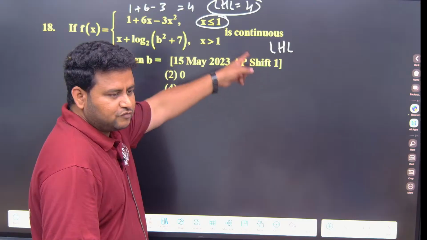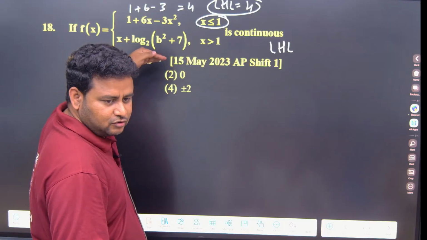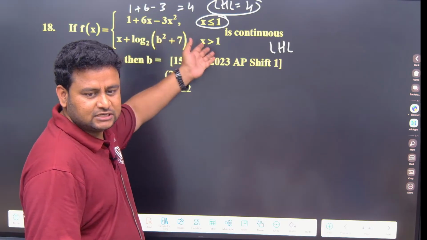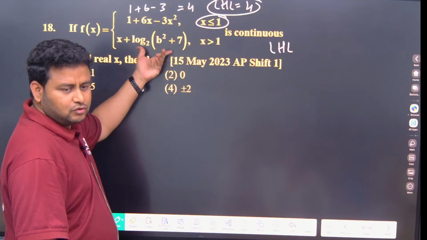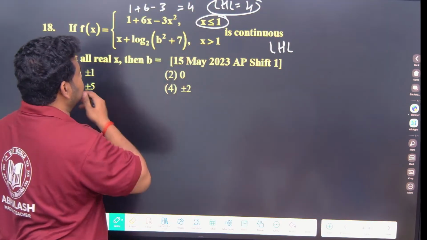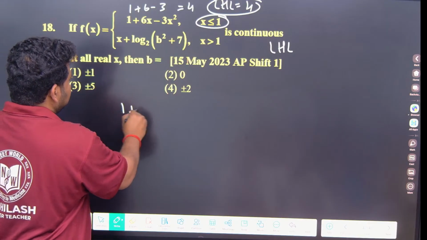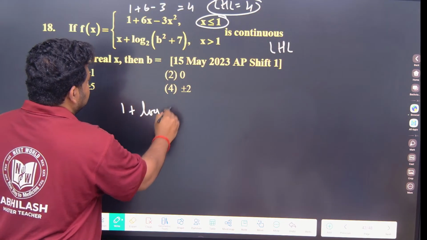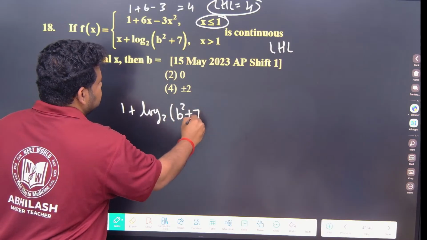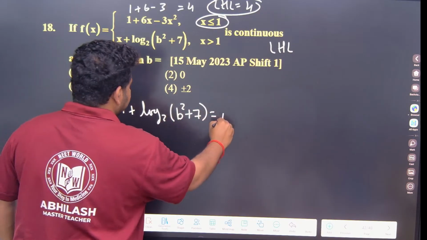So LHL is equal to 4 means RHL should also be equal to 4. Then only it is continuous. They have only told it is continuous, so I should take this equal to 4. Now if I put the value here, I get 1 plus log base 2 of b square plus 7, and this should be equal to 4.